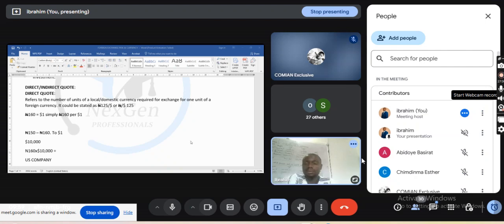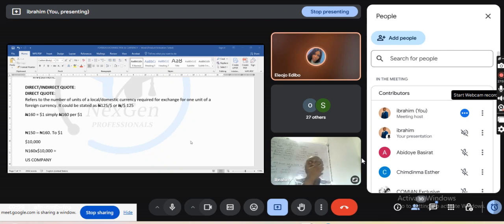Okay, you said we should first consider the country, whether it's in Nigeria. Then secondly, we should check the domestic currency. My question is this: should we consider the units of the foreign currency?